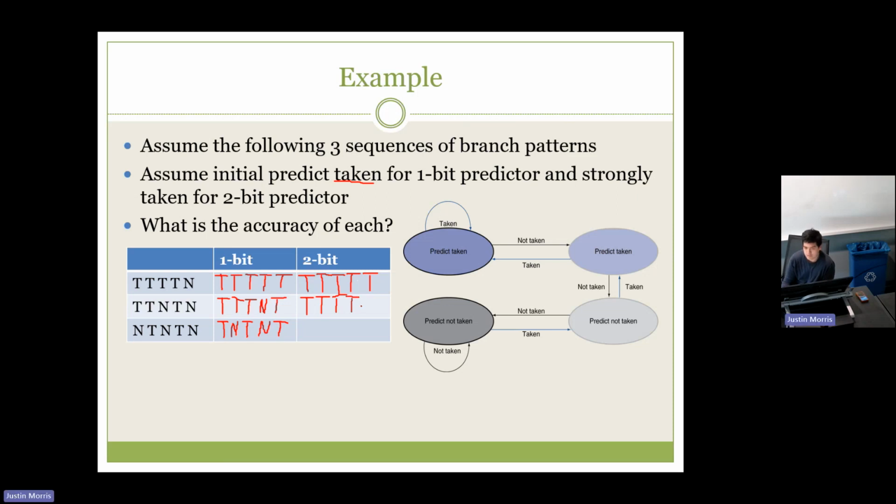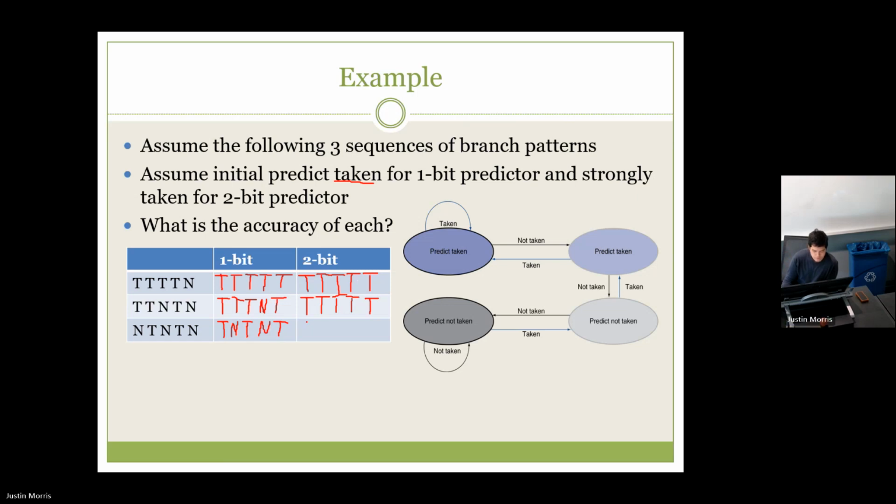And now we're right, so we move from weakly taken to strongly taken. And then we're wrong, so now we move back to weakly taken. But in this case, we are still slightly better than the 1-bit predictor.